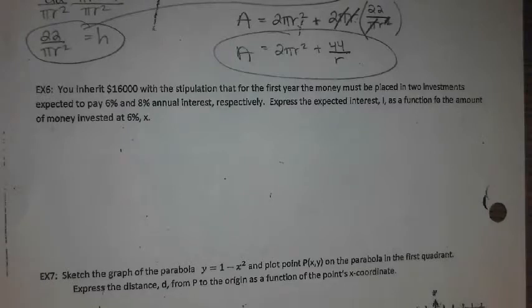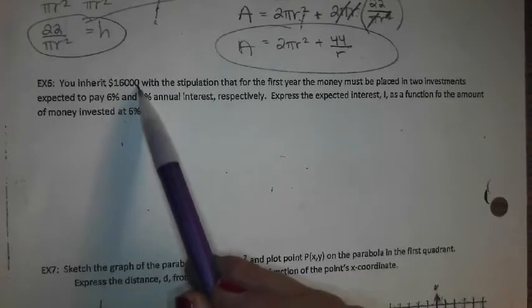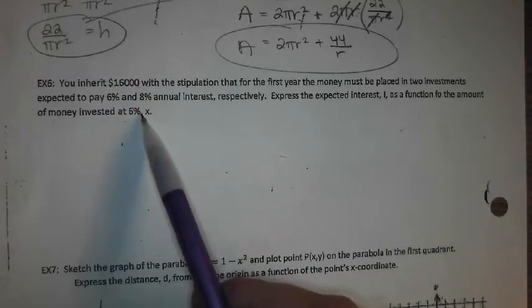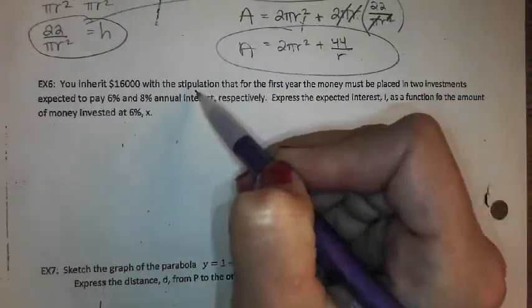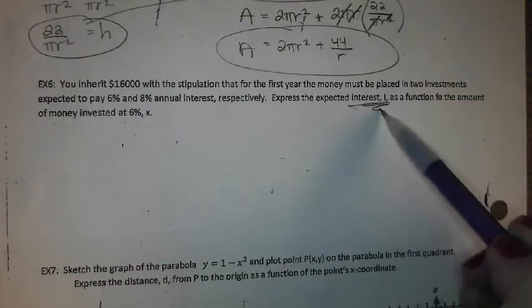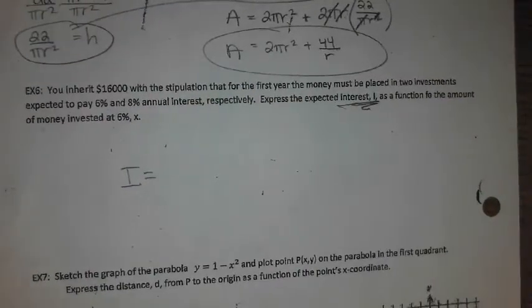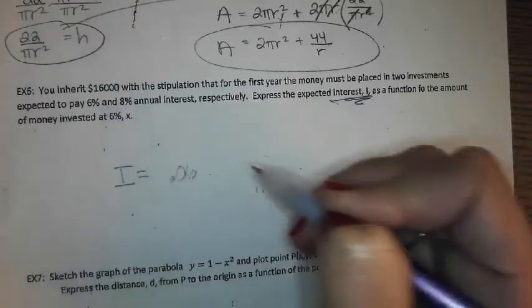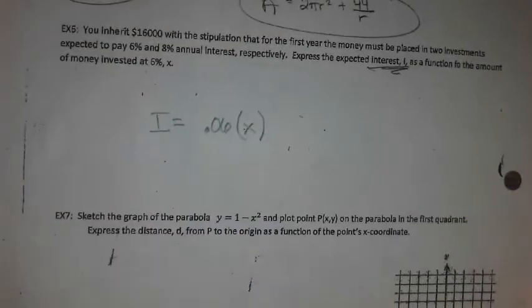Express the expected interest as a function of the amount of money invested at 6%, X. So X of these dollars, we don't know how much, but X of these dollars is invested at 6%, okay? So we're writing an equation for the expected interest. So the interest equals, we're making 6% on the first account that contains X dollars.